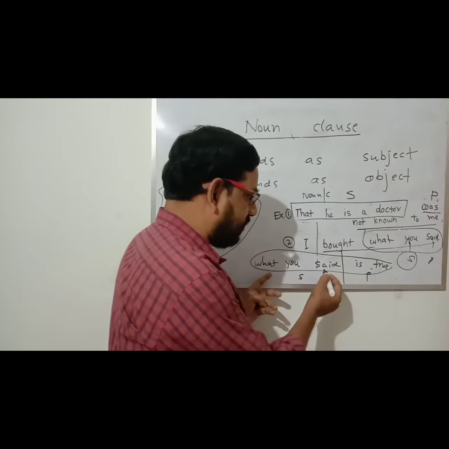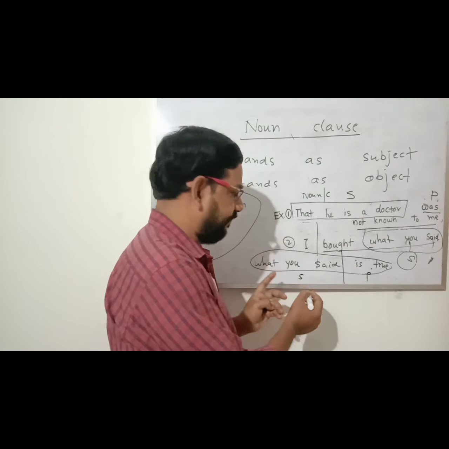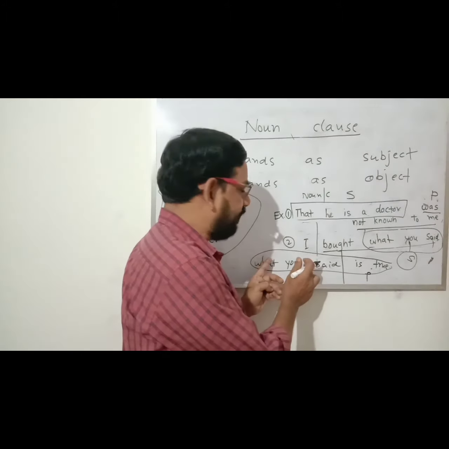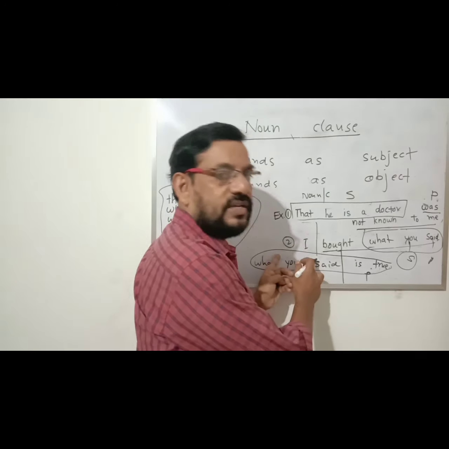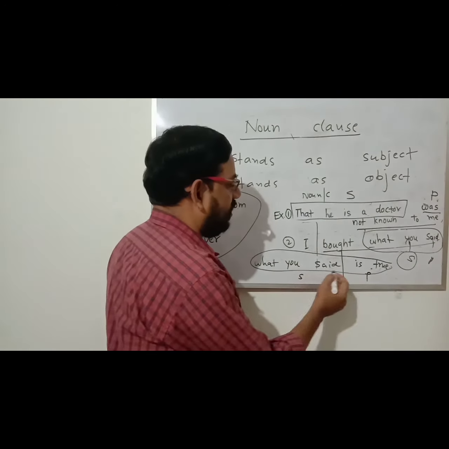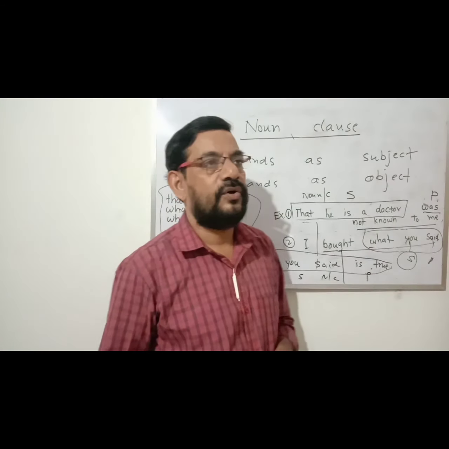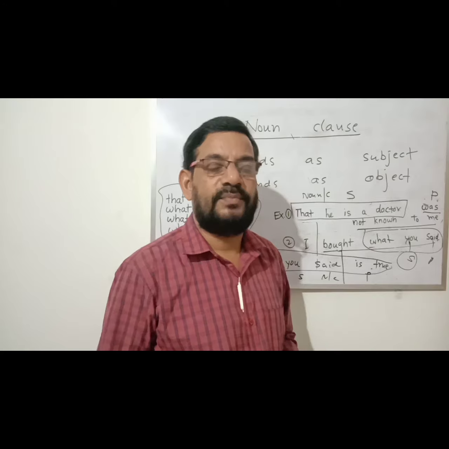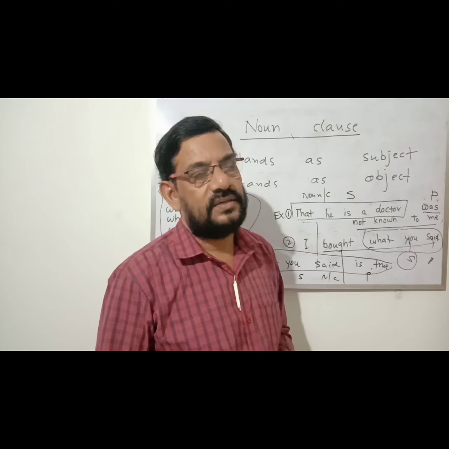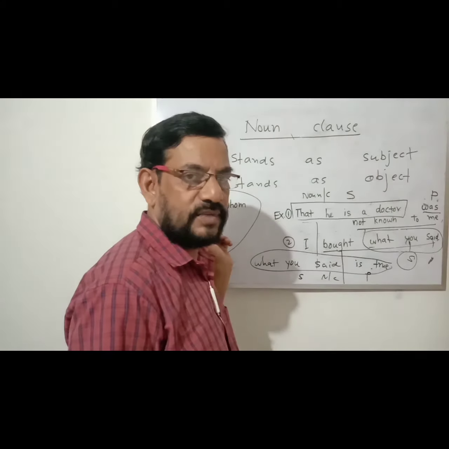Why? What is said is a clause, and that is a subject, and that is a noun clause, because this part works or functions as a noun. So what is said is a noun clause. As many noun clauses as you can, you must be able to write your own. Take one subordinating conjunction from this group.